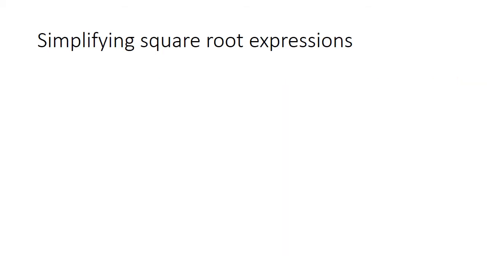So let's simplify some square root expressions. Let's look for the simplification of negative radical 50. What you need to think to yourself is, what factors of 50 are a perfect square that we could use? The one that comes to my mind is 25. 25 times 2. I've got my negative out in front. I'll do my square root of 25 and my square root of 2.